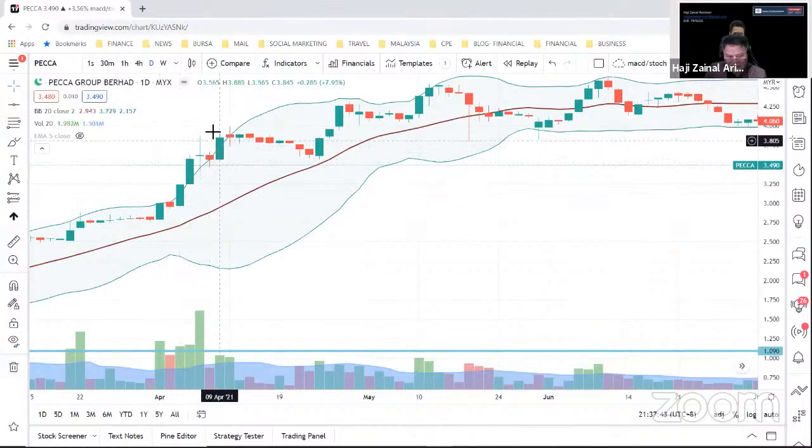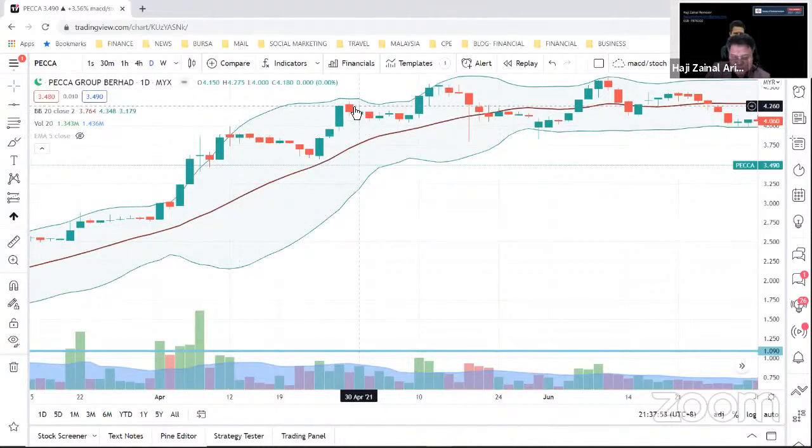But once the price goes back inside the band, it means the price is going to go lower. Of course, it's very difficult to determine, so we must have certain rules. The rule is that we look for overextension, when the price goes above the upper band, and after that the price comes back inside the band.